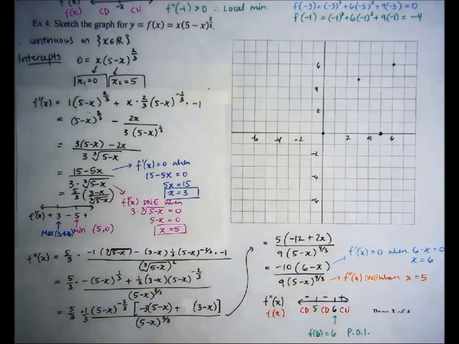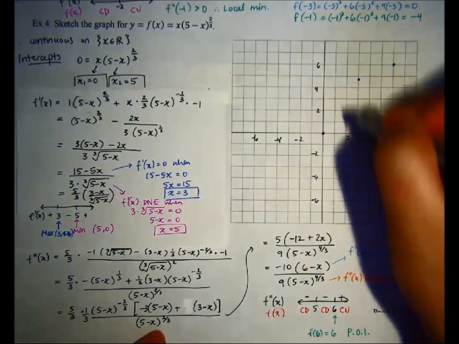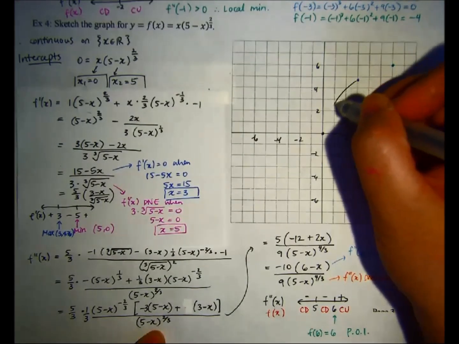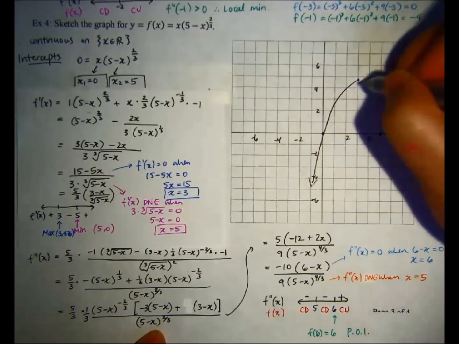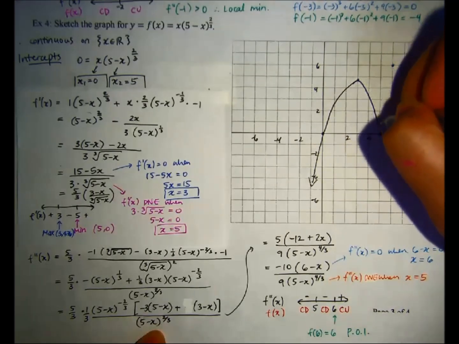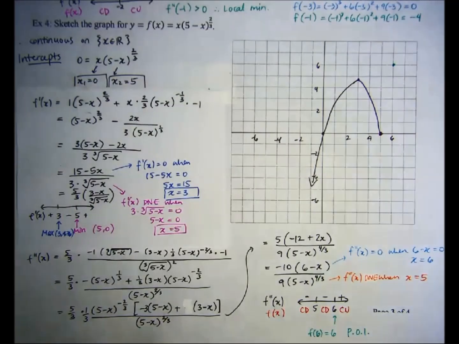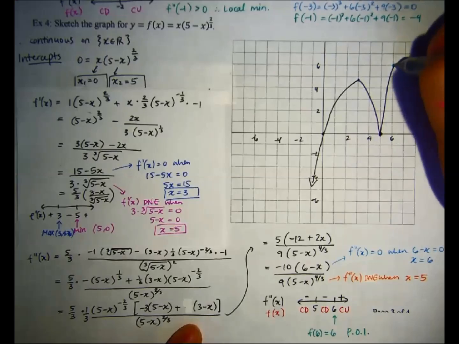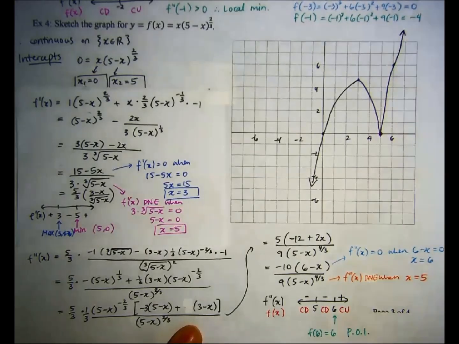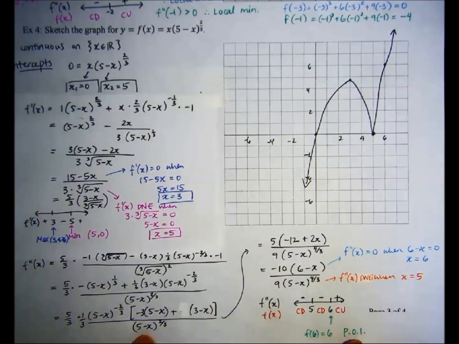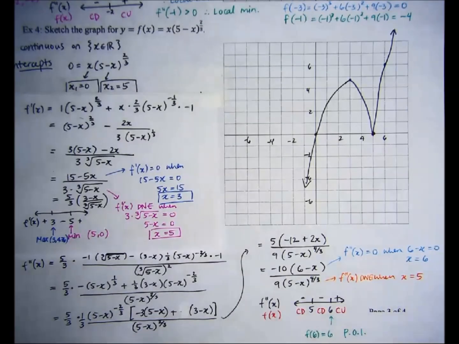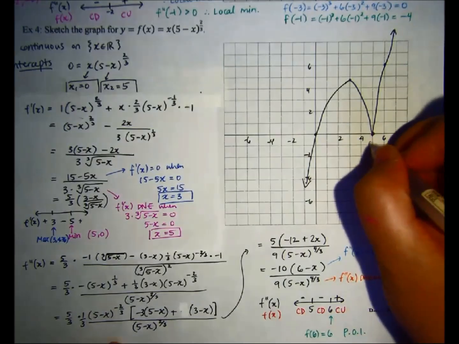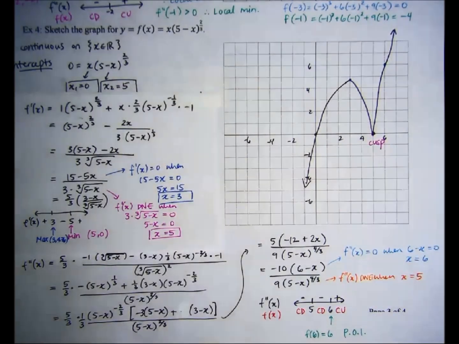Okay. And then we have still concave down from 5 to 6, and then from 6 onwards, it changes ever so slightly to concave up. And keep in mind that this is an example of a cusp point being a local minimum.